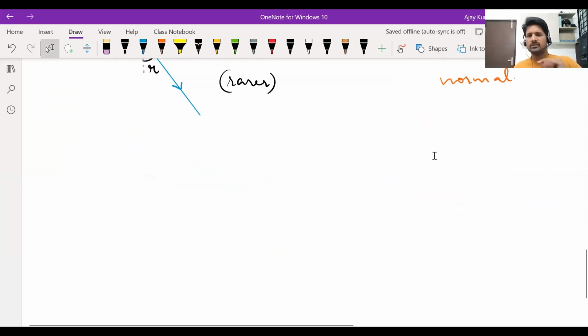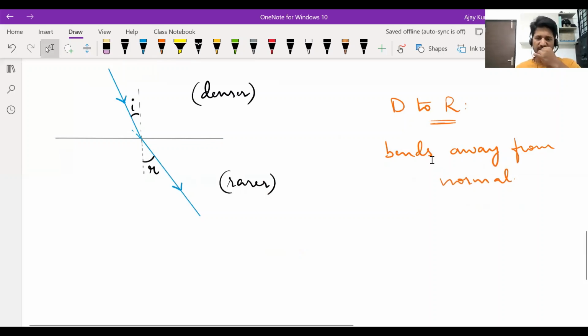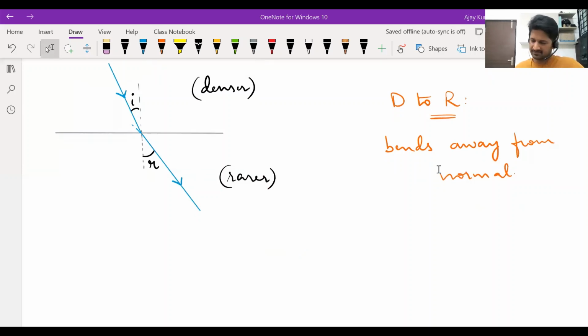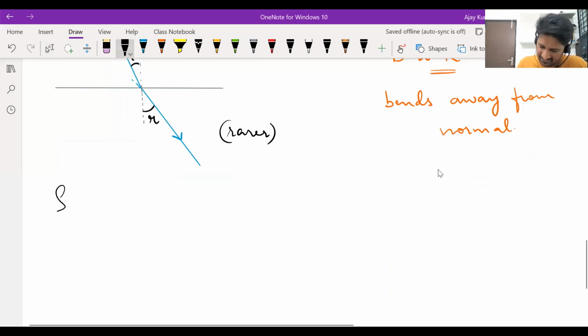Can one of you quickly tell me the formula for Snell's law? Isha, what is the formula for Snell's law? Rishi?